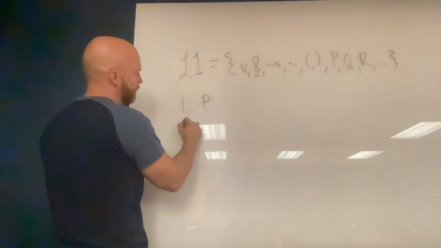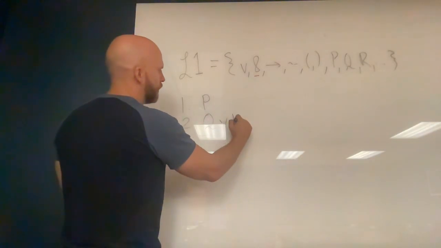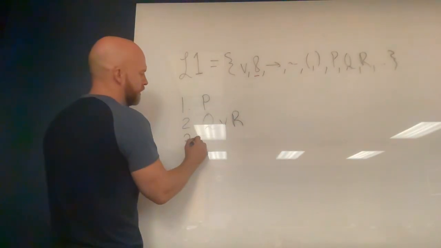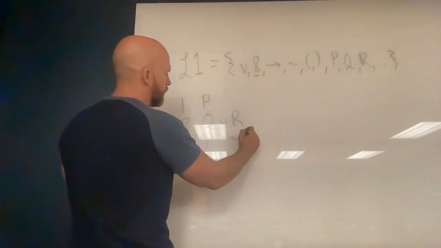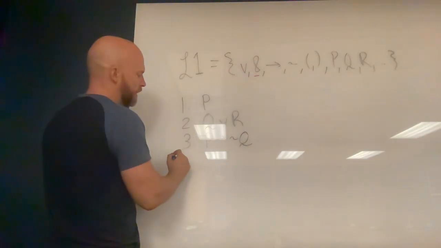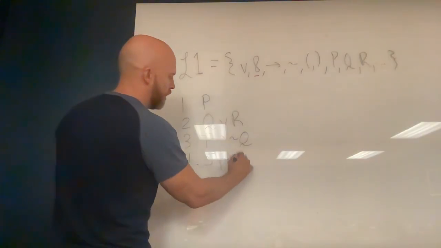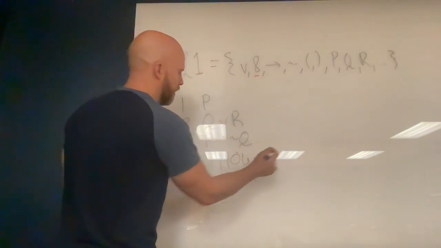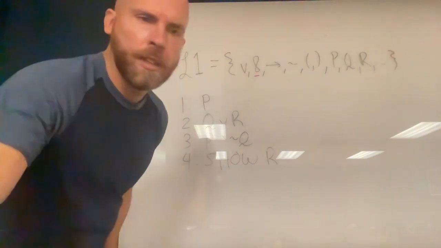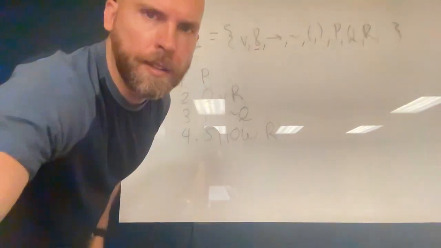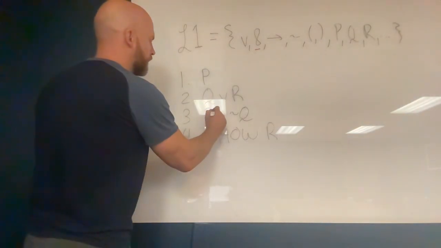P, Q or R, if P then not Q. And then I will say on line 4, show R. And this will be the setup for a proof. Hopefully, can you see that? Maybe let me see if I can write. That's a little easier to see.